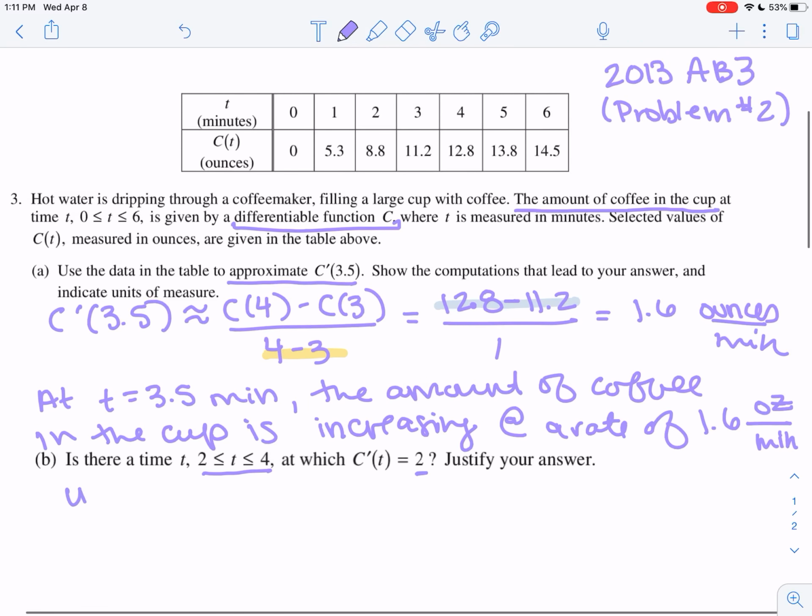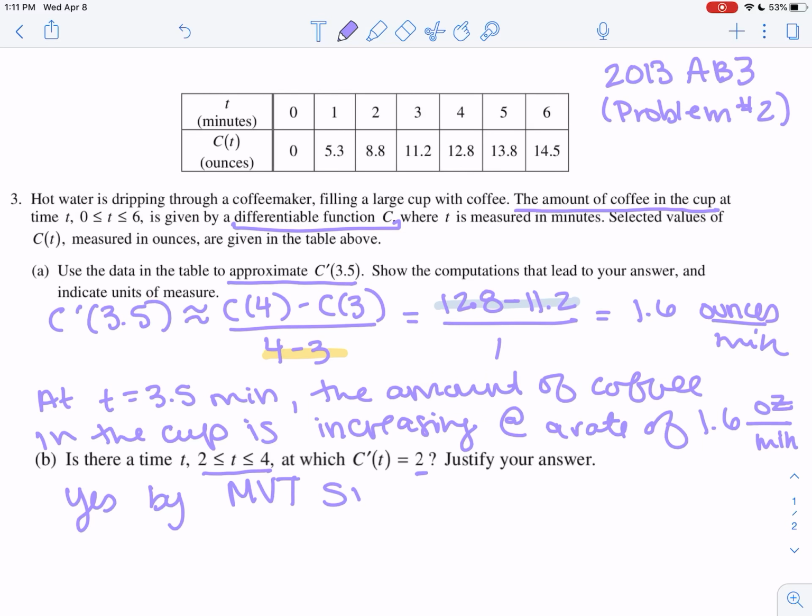So yes, by what theorem? MVT, mean value theorem. We do need to state the conditions of MVT.